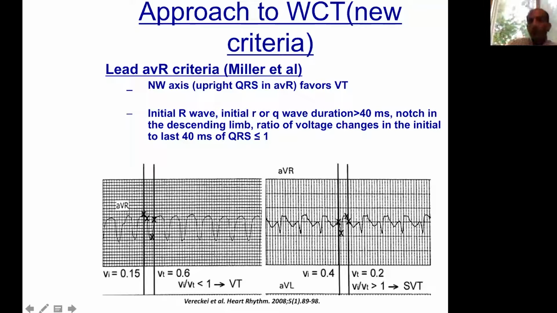In the interest of time, I won't go into the details, but they have a stepwise approach in a patient with wide complex tachycardia that can be used to differentiate ventricular tachycardia from supraventricular tachycardia with aberrancy. Again, I have the reference here, which would be useful for you to read and to use.